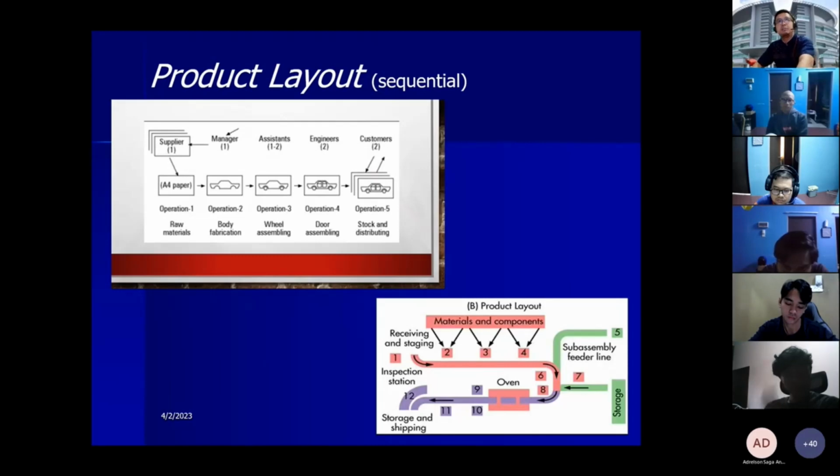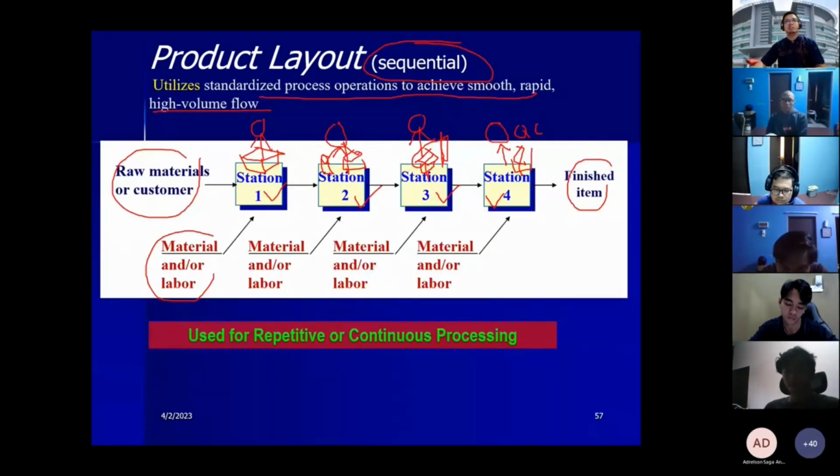What is a product layout? You can see here it is used repetitively on continuous processing. Why do they call it repetitive? In ergonomic terms, repetitive motion is one of the ergonomic hazards or risk factors.